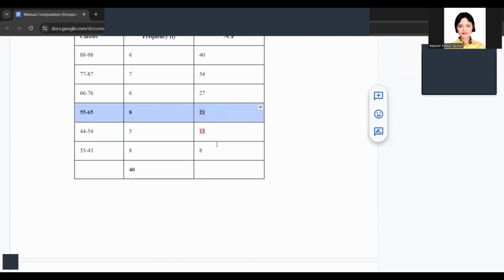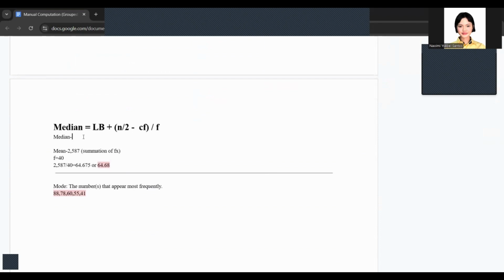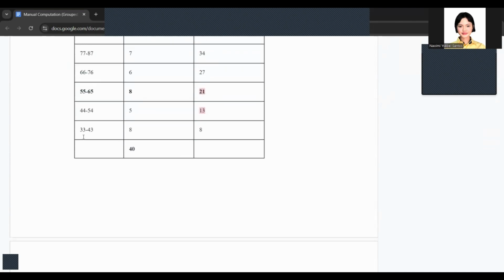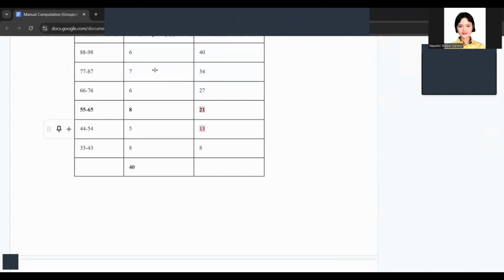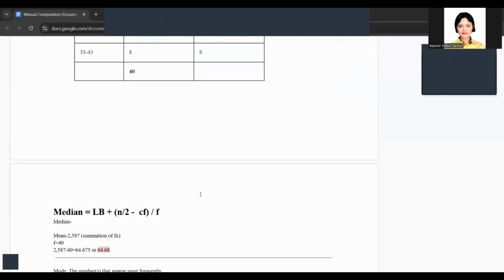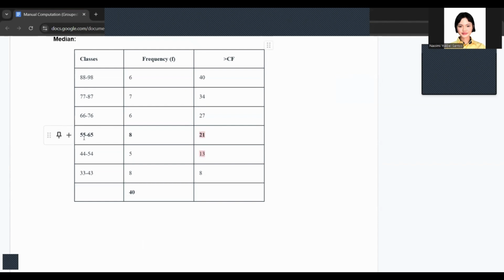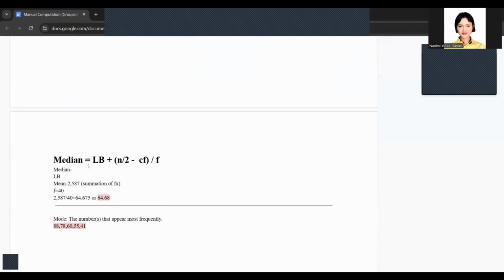So now we need to substitute all this into the formula. Our LB will be 55 minus 0.5, and it will be equal to 54.5.